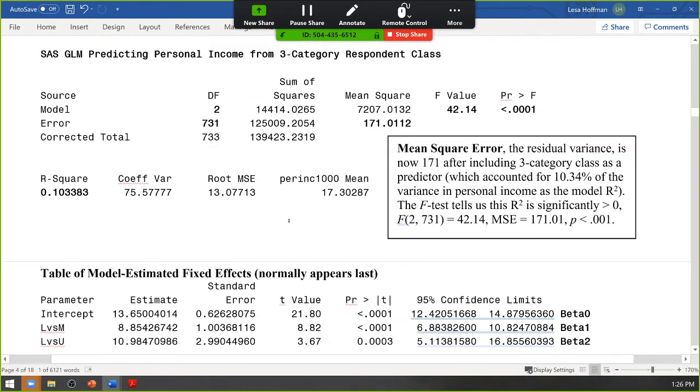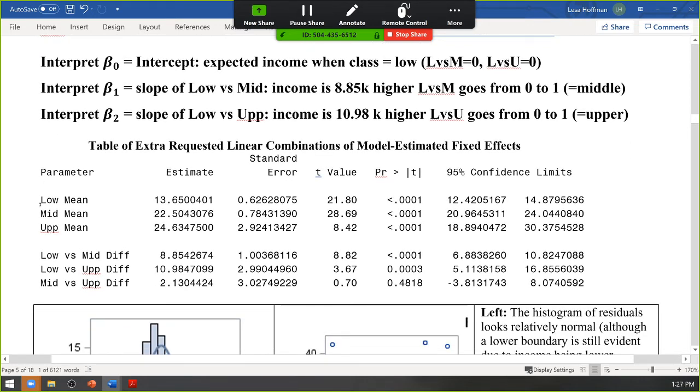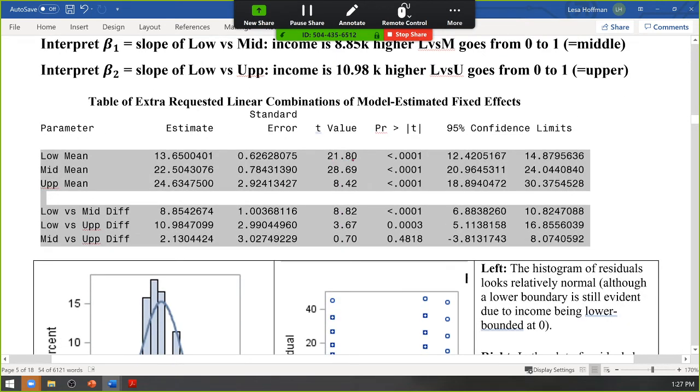The reason that I did that is so that I could take this table right here. It will become a data set, and that means that I can make it do math on these. So there is a formula that you can use to convert a t value into a d effect size.